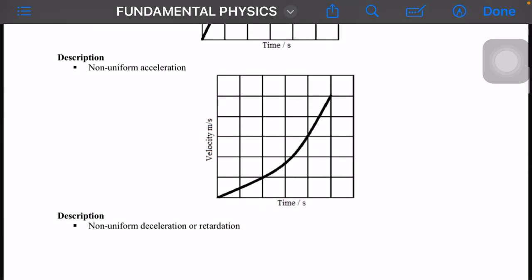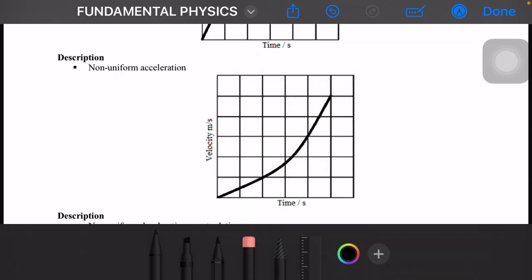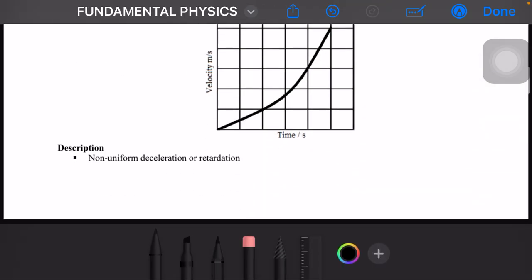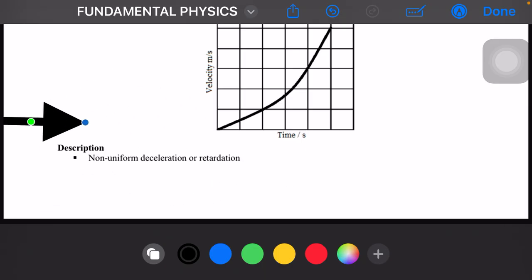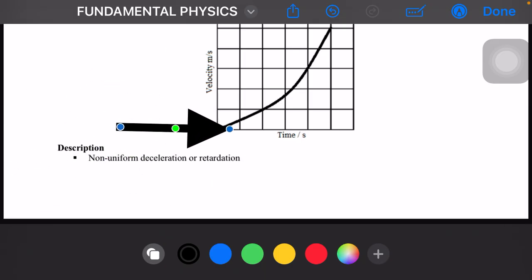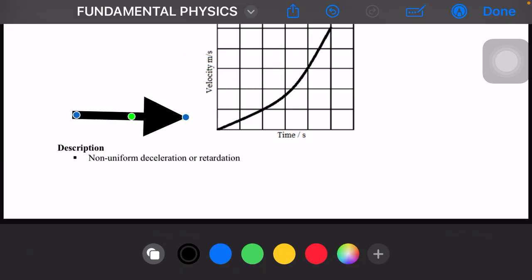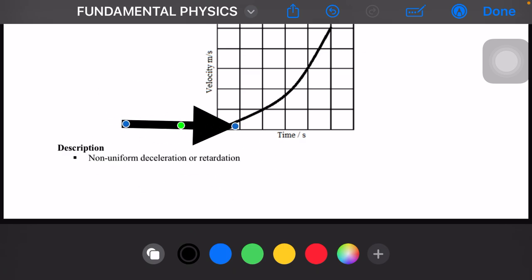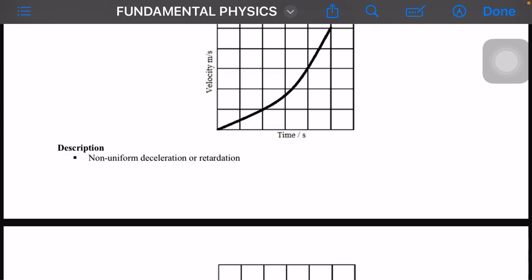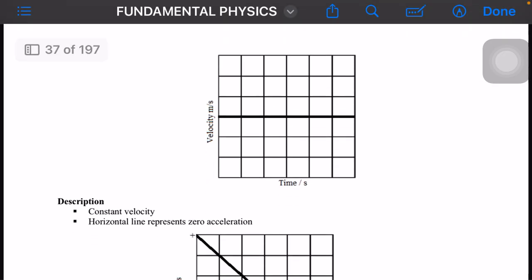And each time you see a graph going like this upwards, just know that the object is moving in non-uniform deceleration or retardation. Hope it's clear there on the summary. Now let's look at when it's horizontal. When it's horizontal, it simply means constant velocity. The object was moving with constant velocity.